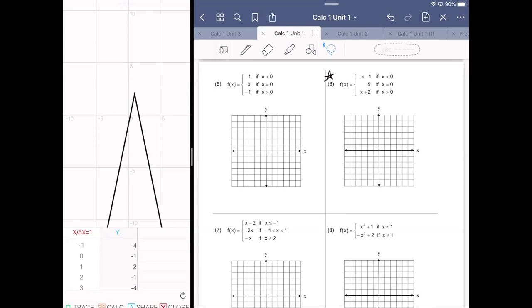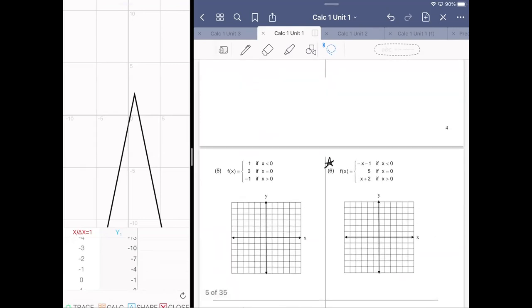So let's take a look at numbers. Yeah, go ahead. When I put the absolute value function in my TI, I got that the x value was 0 for the vertex, and the y value was like 1.4 or something.